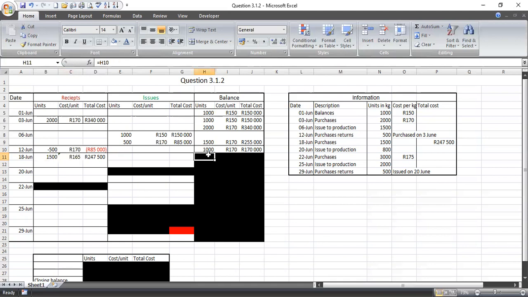For our balance, we have to bring forward our balances from our previous transaction of 1,000 units at a cost per unit of 170 and at a total cost of 170,000. Now we have to reflect our purchases in our balance.